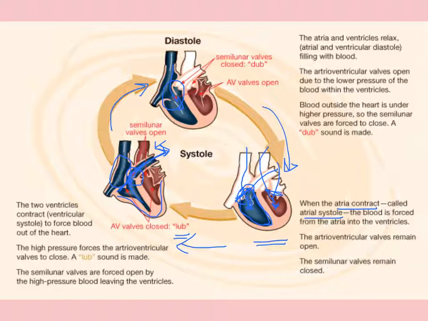And so this just goes continually around and around. First the upper part of the heart, the base of the heart, contracts, and then your ventricles contract, and it is just an alternating between high pressure and low pressure that keeps the valves opening and closing as you need them.